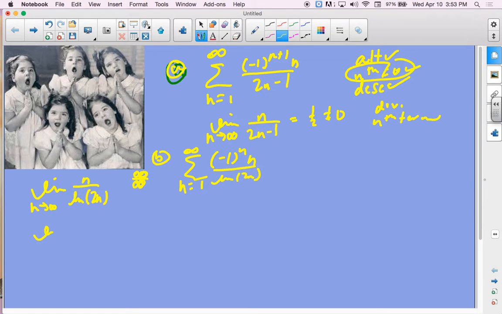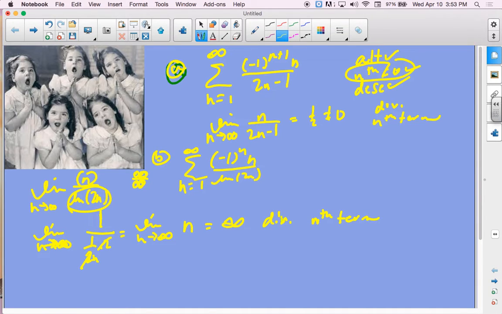So I'm going to do L'Hopital's rule to check the nth term to see if I should even look at it. The derivative of n is 1, and the derivative of ln 2n is 1 over 2n times 2. So I get the limit as n goes to infinity of 1 over 1/n, or n, so this one goes off to infinity. So it also diverges by the nth term test.